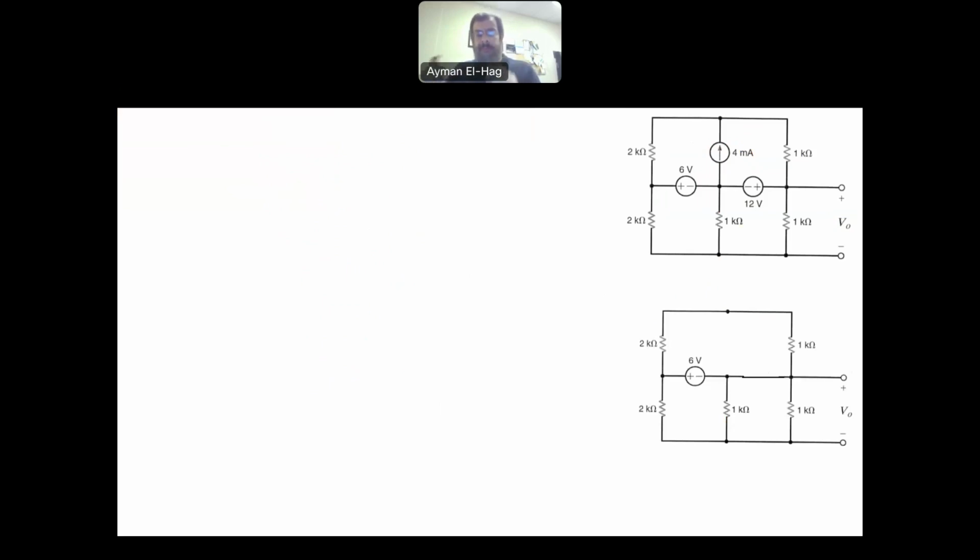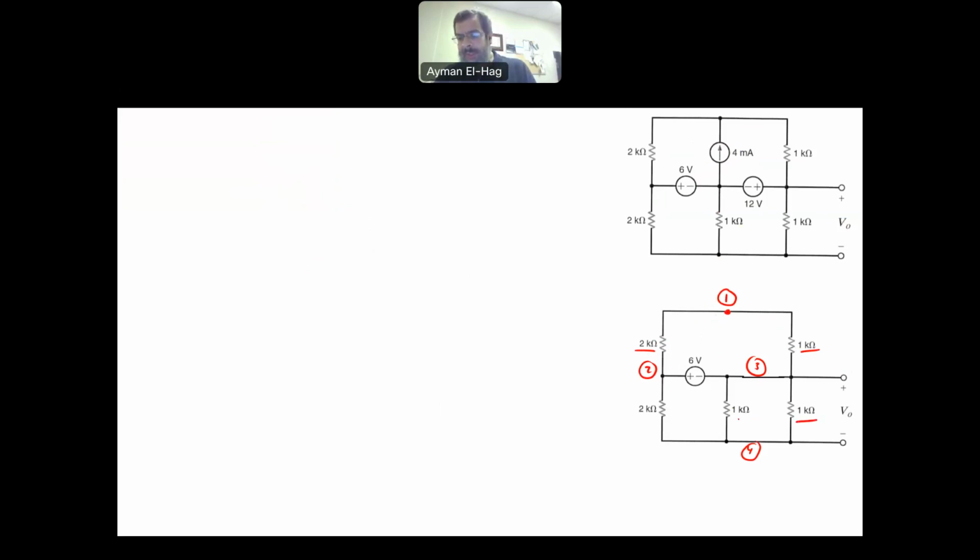Now, let's remove the current source and the 12-volt voltage source. And again, let me number the nodes. This is node number 1, this is node number 2, number 3, and number 4. What you can notice here is that the 2 kilo and 1 kilo resistors are in series, because they are sharing one node and nothing else is sharing that node.